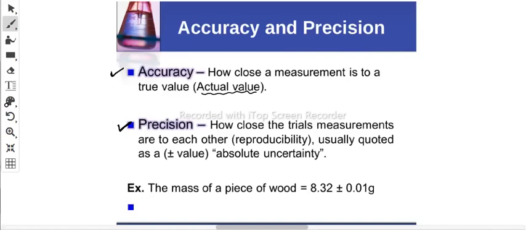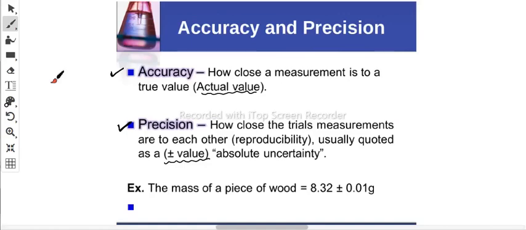Now, continuing with precision, it's how close the trials' measurements are to each other, which is also considered the reproducibility of your data. Usually, we quote the precision using the plus-minus value, which is called the absolute uncertainty.